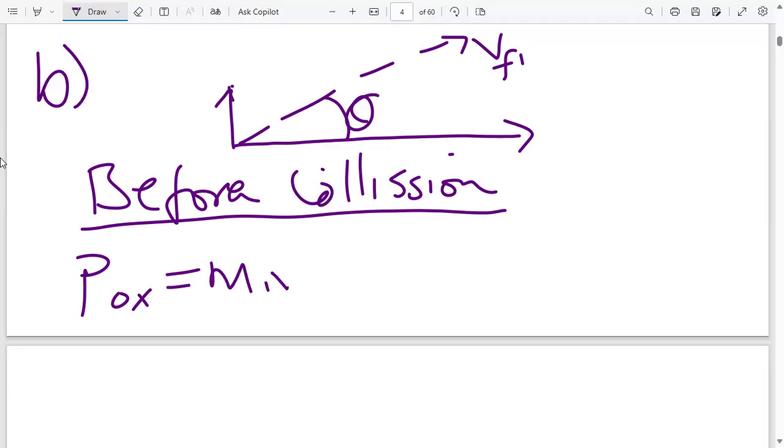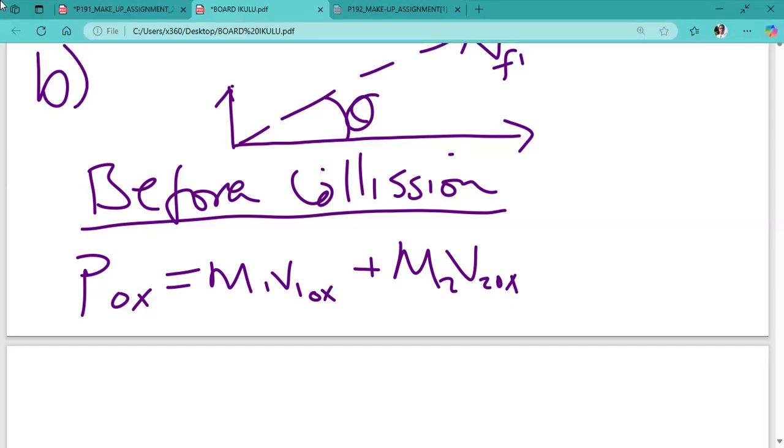We have m1 v1 initial in the x plus m2 v2 initial in the x. This is the initial momentum in the x. So what are we going to notice?